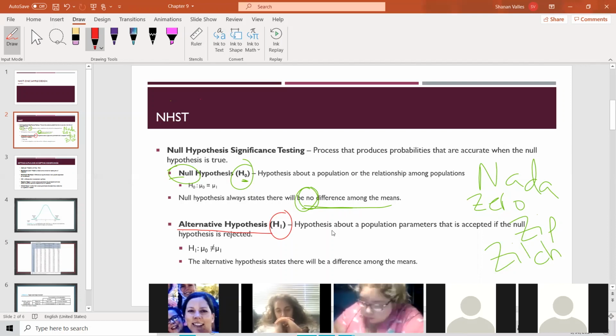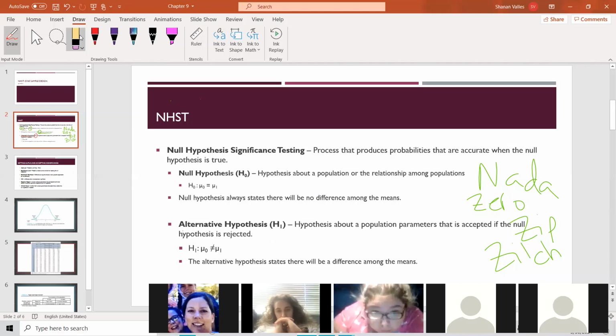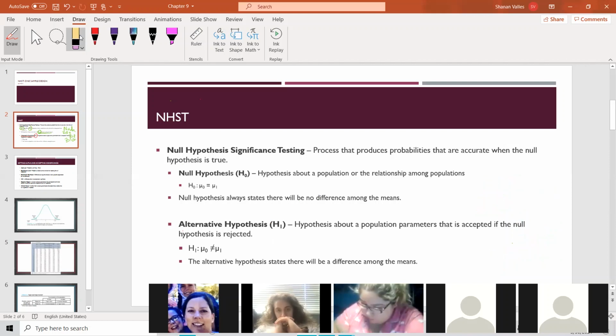Okay, but how the author defines it is the hypothesis about a population parameter that is accepted if the null hypothesis is rejected. Okay. I'm going to erase some of my scribble here just so it doesn't get in our way. Okay, so let's break that down. So it says it's the hypothesis about population parameters. I realize now that doesn't even make sense.